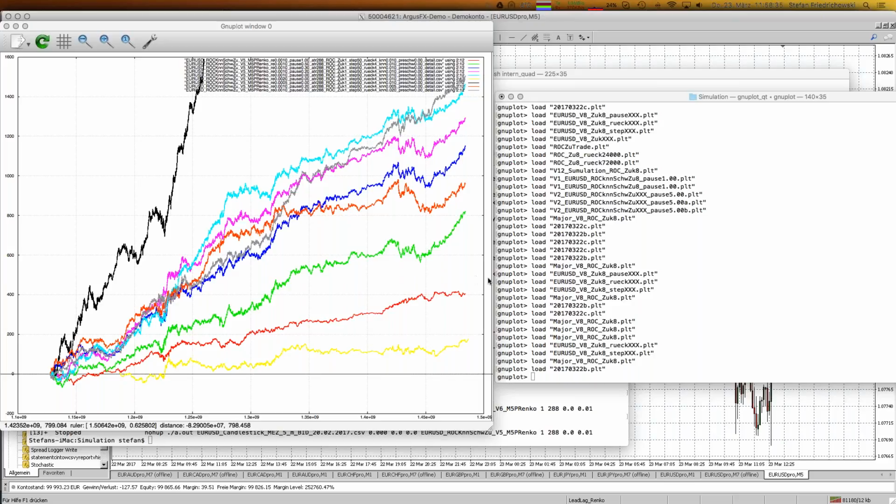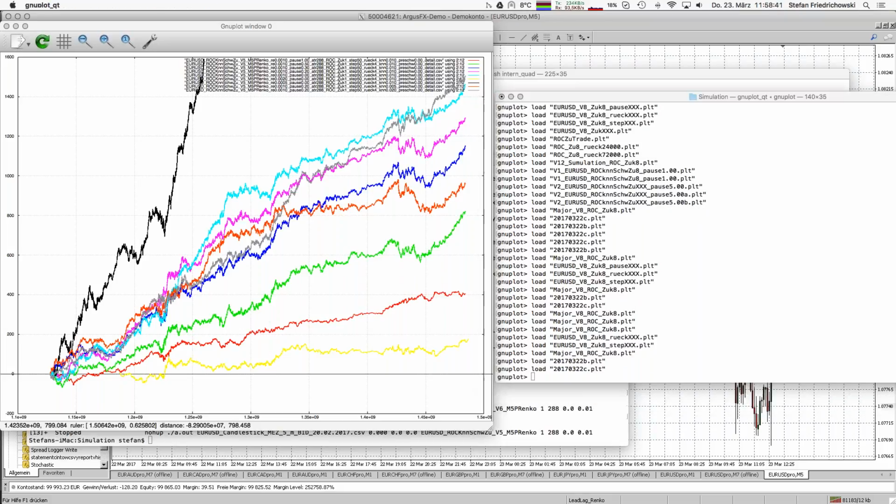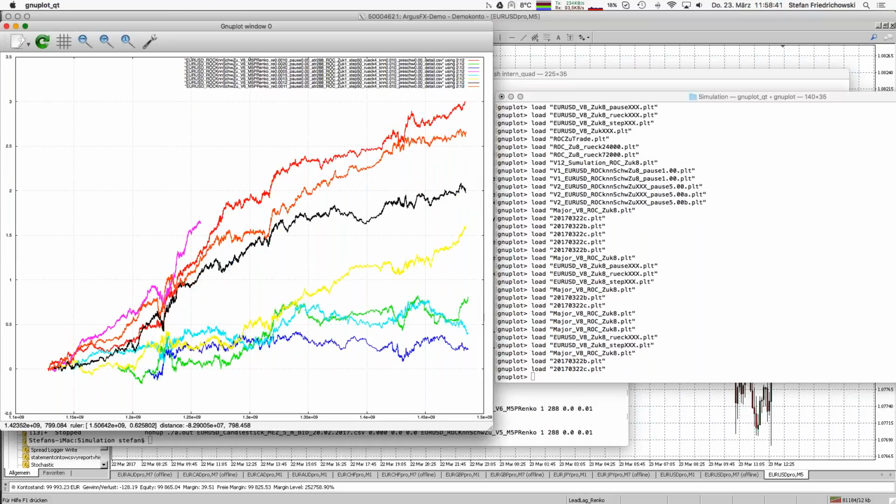I have done additional steps already, and let me just change one picture here. That's another consideration with different kinds of parameters. Not going into the details, but you see the curves go to the north, and that's exactly what we would like to see in our trading accounts. So the concept really looks quite promising.